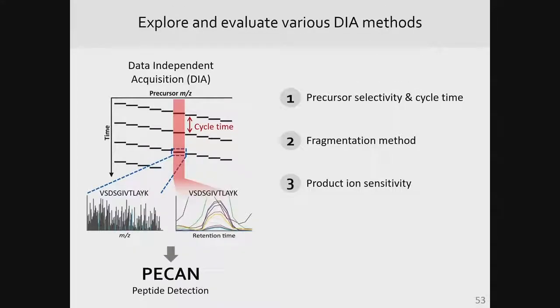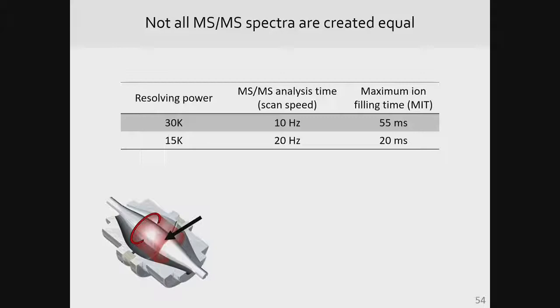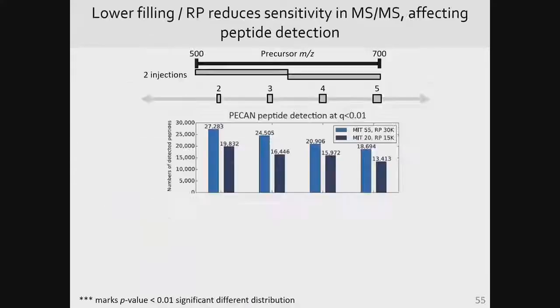The other thing here was the resolution. At 30,000 resolving power, we could collect data at 10 hertz, with a maximum inject time of 55 milliseconds. At 15,000 resolving power, we could collect data at about 20 hertz, with about 20 milliseconds maximum inject time.